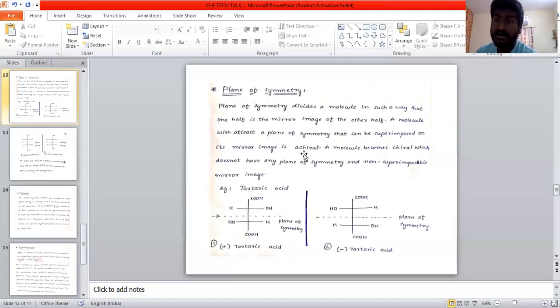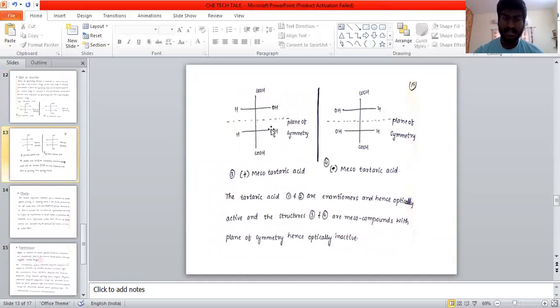A molecule becomes chiral when it does not have any plane of symmetry and has a non-superimposable mirror image. An example is tartaric acid. When you cut a plane of symmetry, one form is positive tartaric acid, and the other gives a negative one.